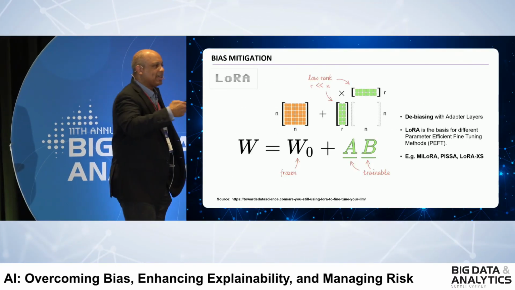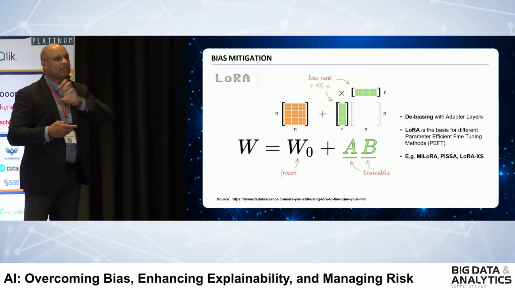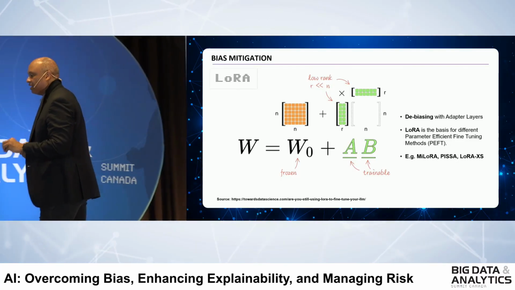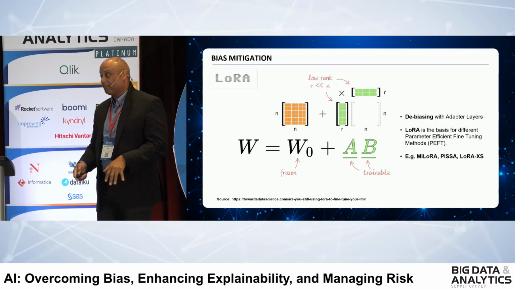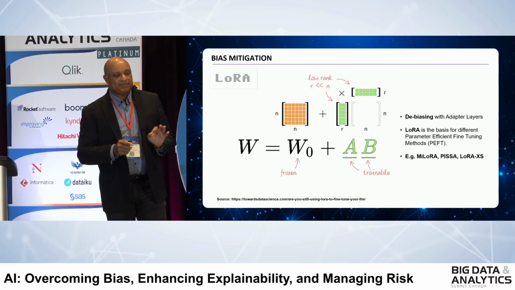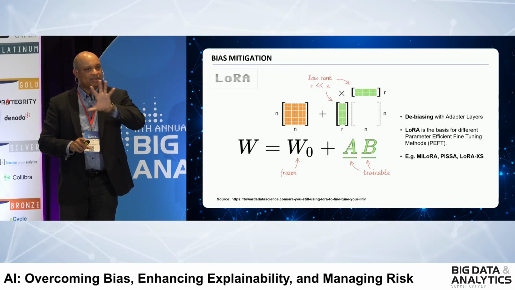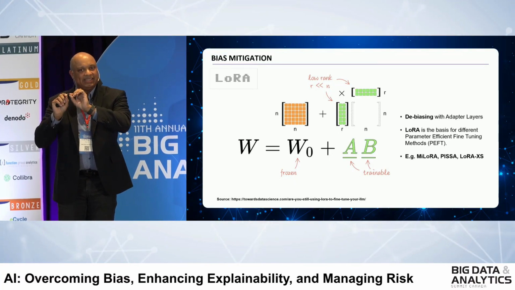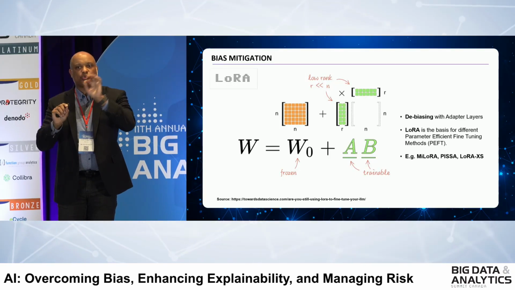So once we understand how much bias is in the LLM, then what we want to do is adapt the LLM to get rid of that bias. And we use something called LoRA. LoRA stands for low rank adaptation. I could spend an hour up here explaining singular value decomposition and all that stuff, but you'll definitely have people's heads on the tables. But I think the key point here is that if you remember those matrices I talked about, if you have a representation of the most important data within those matrices, and you can tweak them slightly, then you can focus or target training on those weights to remove the bias.